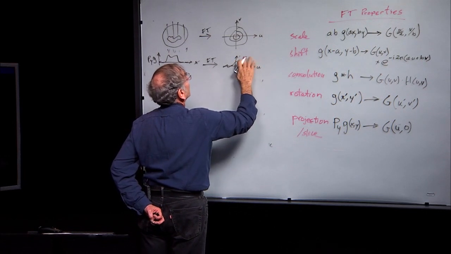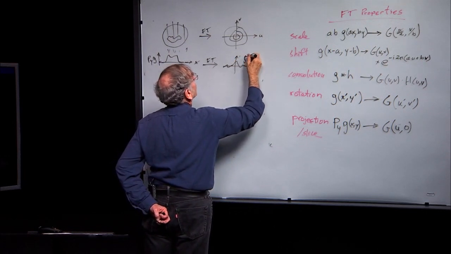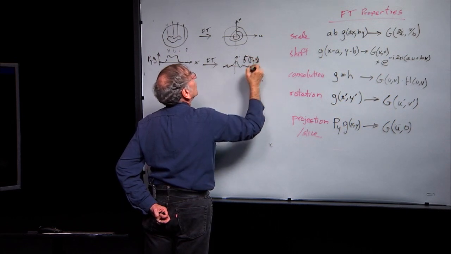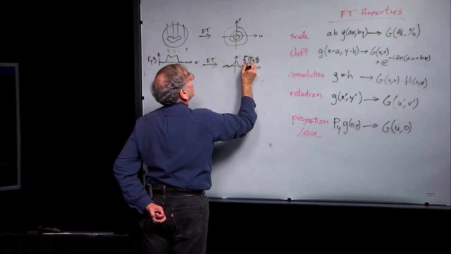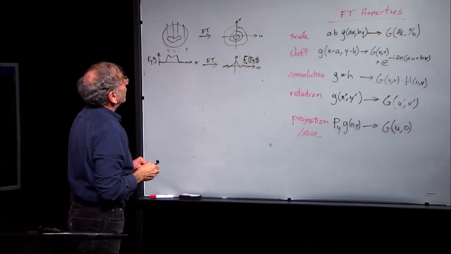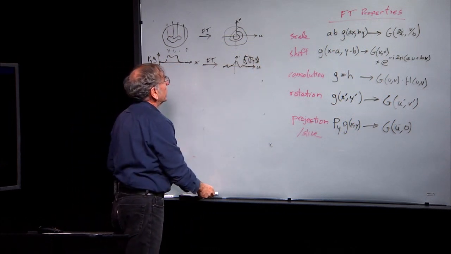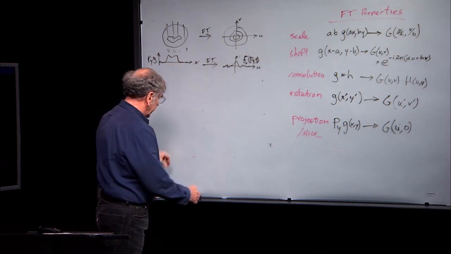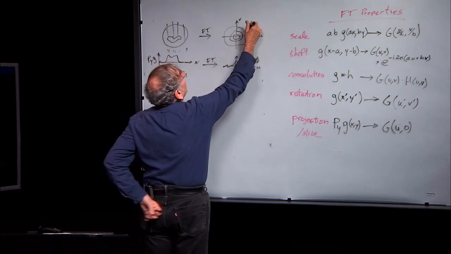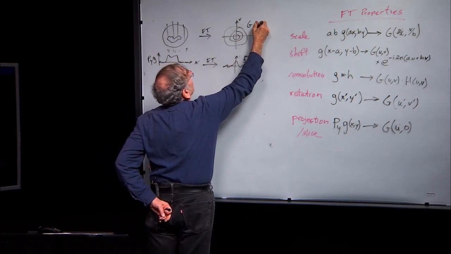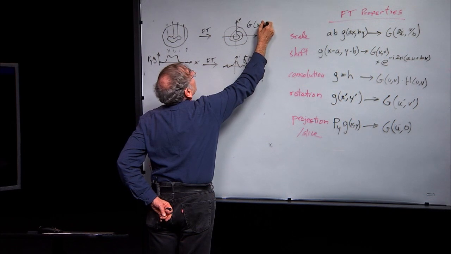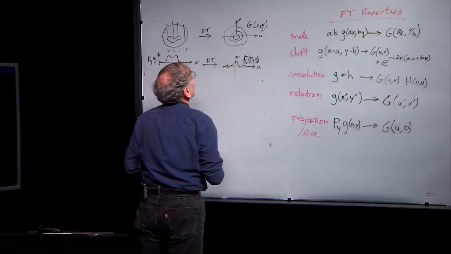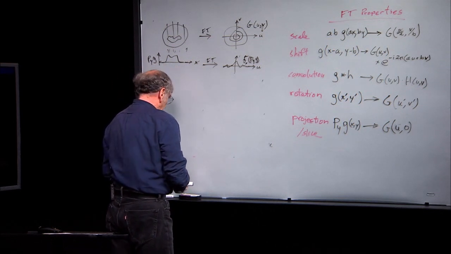This will be the Fourier transform of that. So I'll write it like this: Fourier transform of p, y, g along the x direction. And so what this theorem says is that the Fourier transform of this projection is the same as this density g of u, v evaluated at v equals 0.